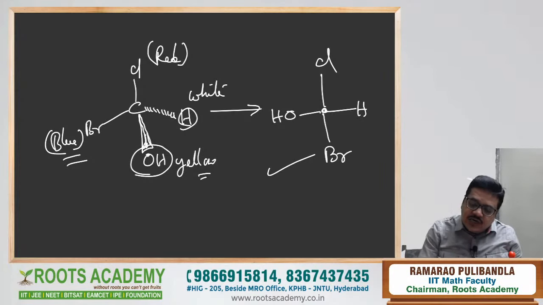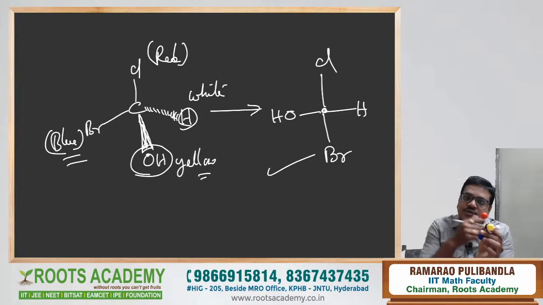Whatever group is in a dark line, that is observing you. Dash line, it is away from you. So who is observing you? OH. Turn like this. Then flat. This is called conversion of 3D into 2D.